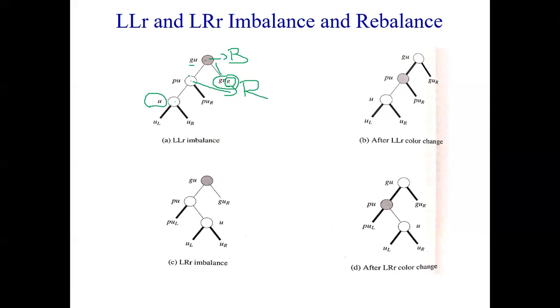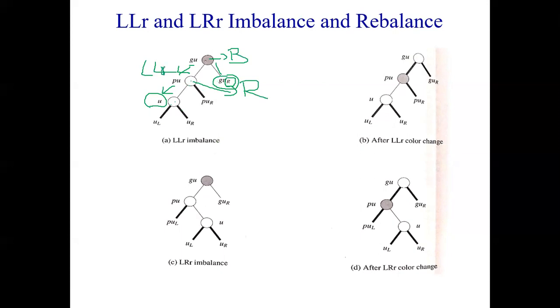So with this info, the parent is a left child of the grandparent and the new node is a left child of the parent. With this we know that it is LL imbalance. Here the sibling of the parent is red in color, so we know that it is LLR imbalance.